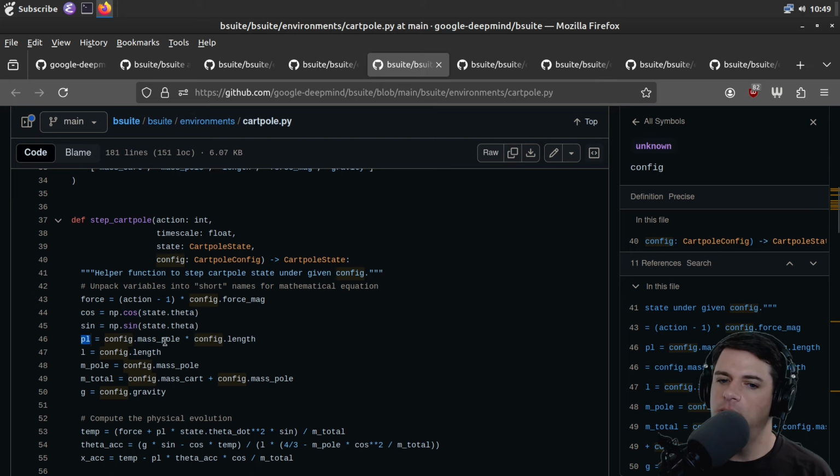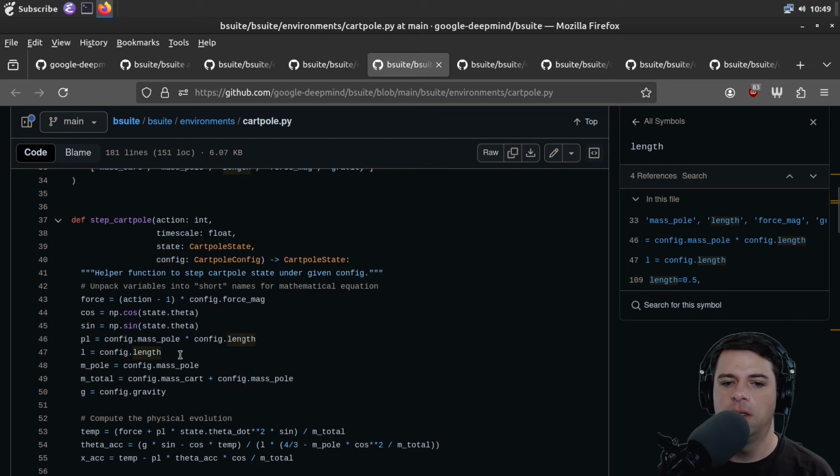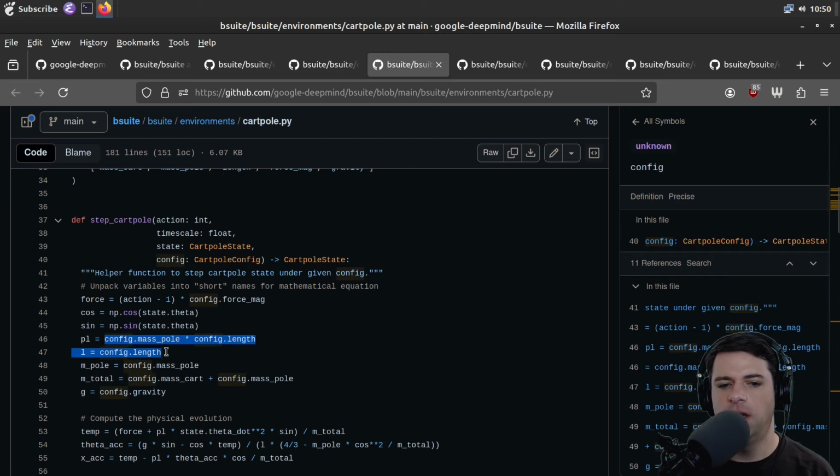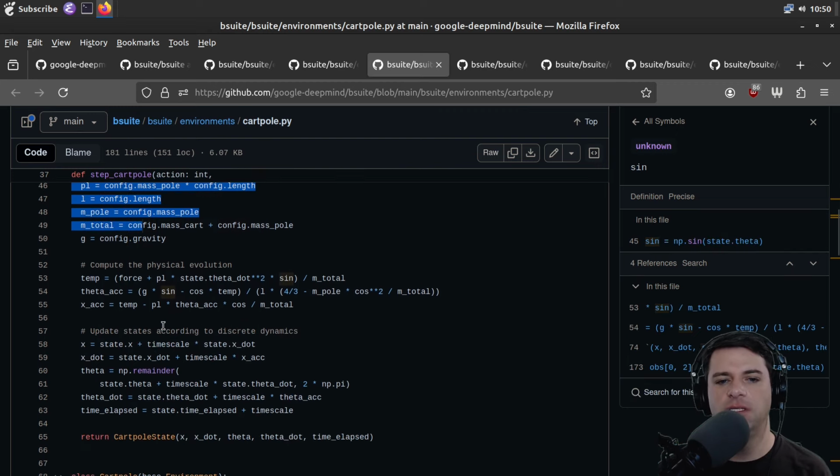PL is the mass of the pole times its length, I guess the pole length. And then L is the length, I guess, from the config. At any rate, these are basically just copying over stuff from the physics.